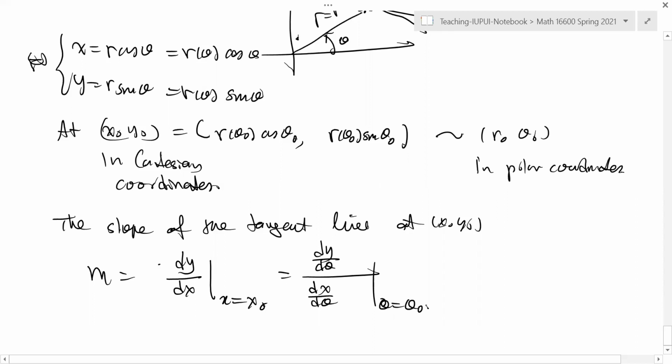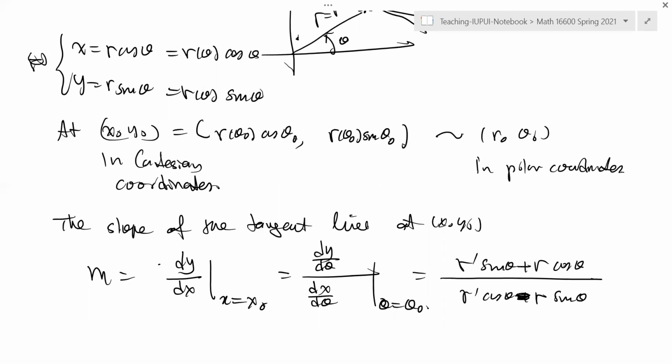What is y? y is r sine theta, so differentiating, we get r prime sine theta plus r cosine theta. And x is r cosine theta, so dx over d theta is r prime cosine theta minus r sine theta, because the derivative of cosine is negative.